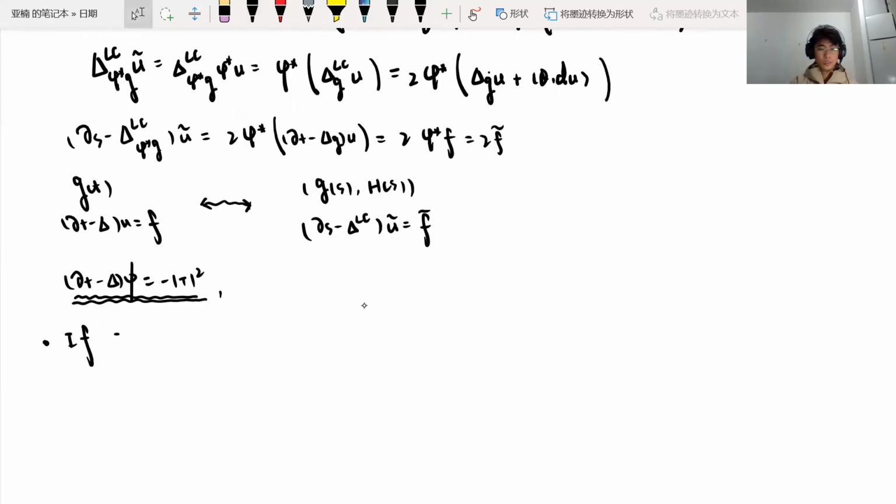If the initial data satisfies that the class of the potential of the torsion is zero, we just need the class to be zero.